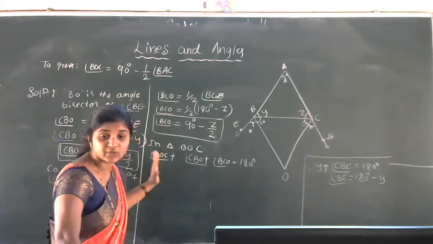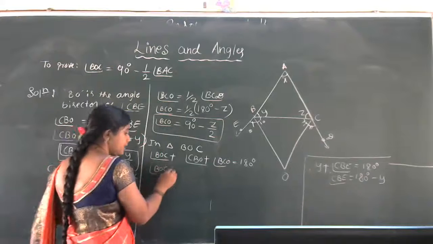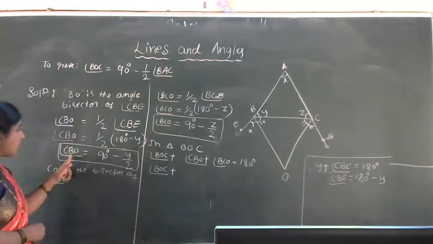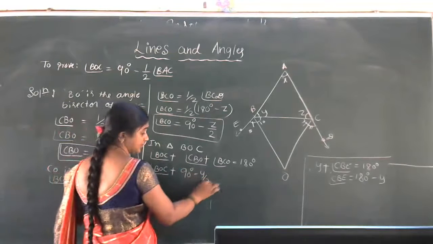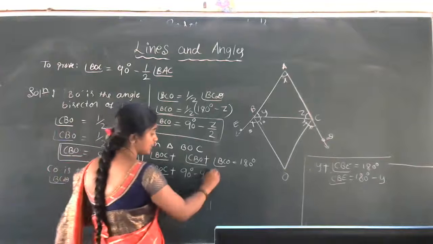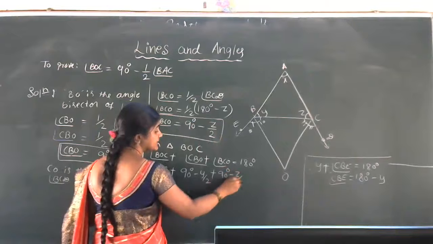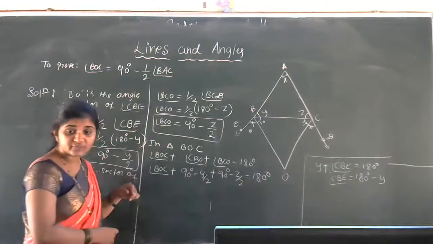BOC is unknown here. CBO you got as 90 degrees minus y by 2, plus BCO you got 90 degrees minus z by 2, is equal to 180 degrees. Got the idea of this step, students?